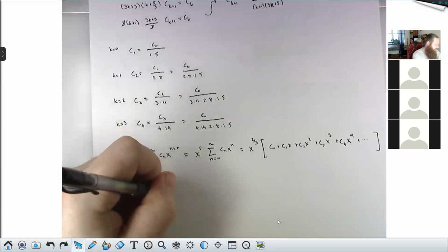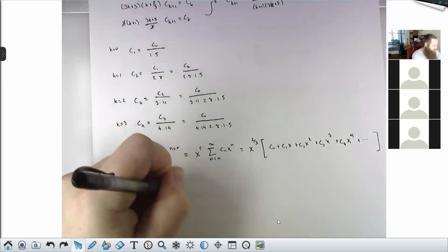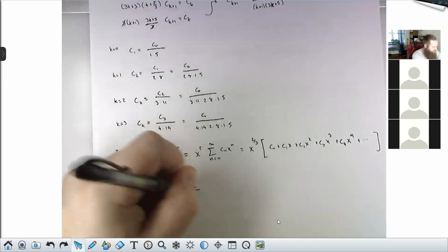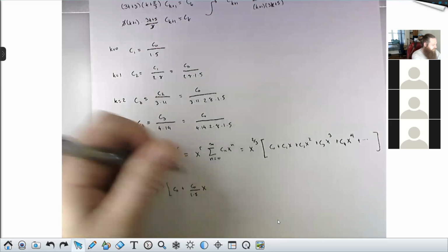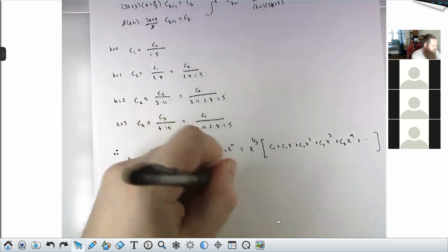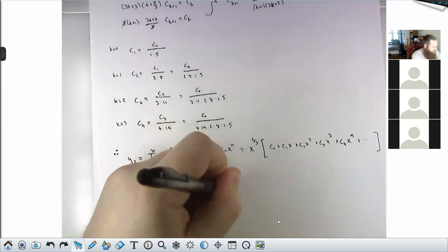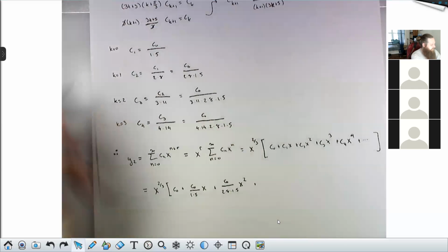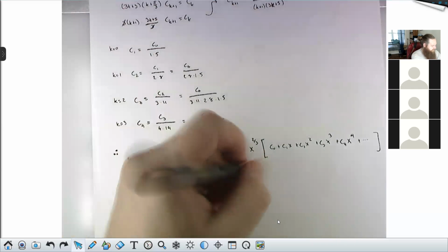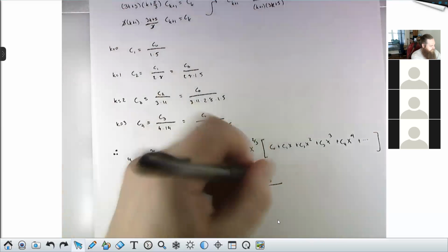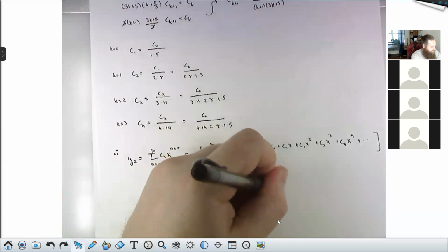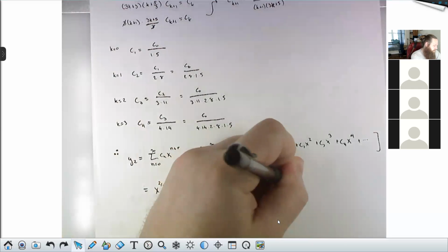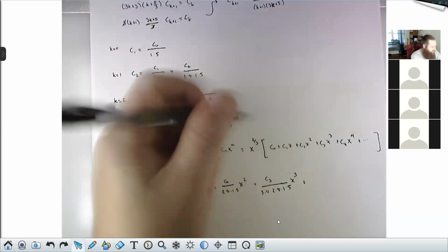times C0 plus, I'll write it like this, C0 over 1 times 5 x plus C0 over 2 times 8 times 1 times 5 x squared, that's C2, plus C3 is C0 over this product, 3 times 11 times 2 times 8 times 1 times 5 x cubed plus, did I write C3?